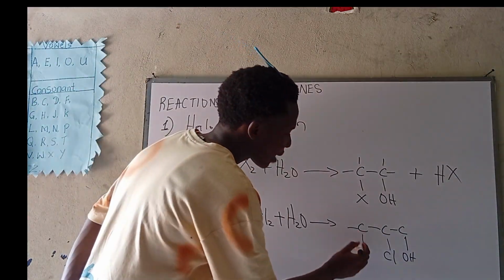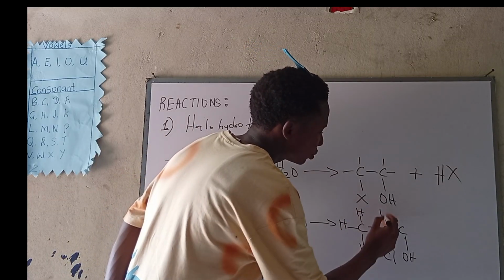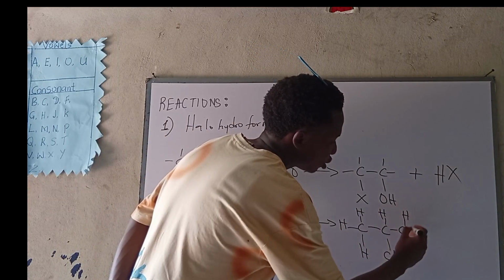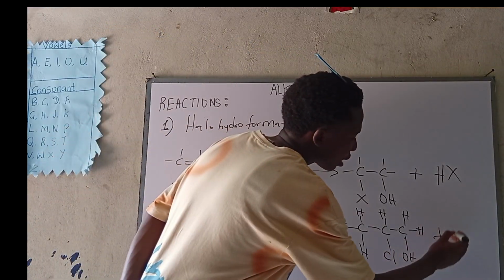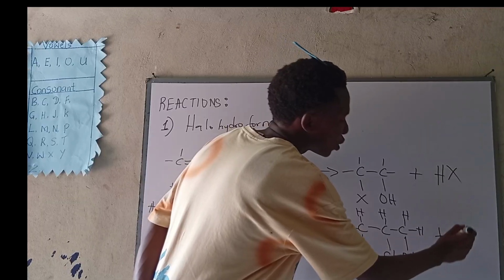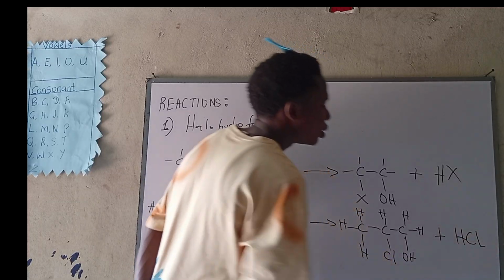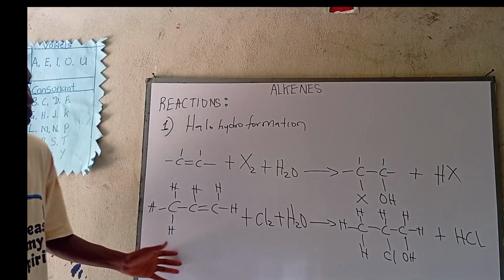So we can just balance our hydrogen afterwards. From the look of things, we've gotten our compound correctly. We are obviously going to have a hydrogen halide, which is HCl. So we've actually gotten what we want.